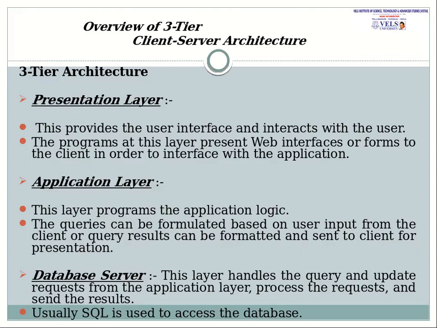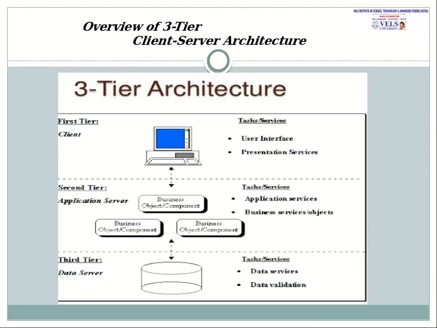The database server stores all the data, and the database resides in this database layer, communicating directly with the application layer based on the user request. That is, what data we can retrieve from that layer. The application communicates with the database server, and the resultant value is shown in the presentation layer or client.